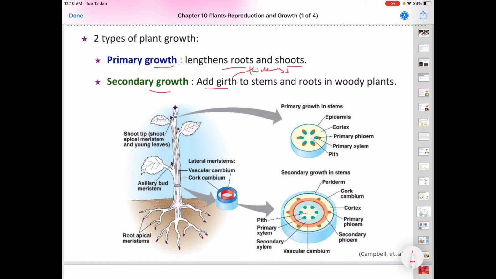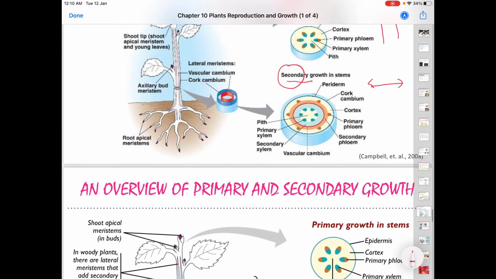First is primary growth in the stem, meaning the stem grows in length, they become longer. But for secondary growth, they increase in diameter or thickness. That is the difference between primary and secondary growth.